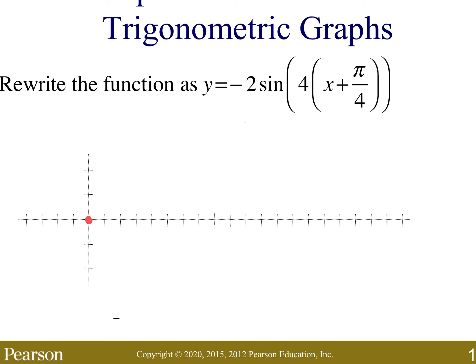Now I do know that it's an upside down sine graph because of the negative. So I usually skip about every 2 hash marks, and that gives me enough space. So I use 5 dots, and then I play connect the dots.